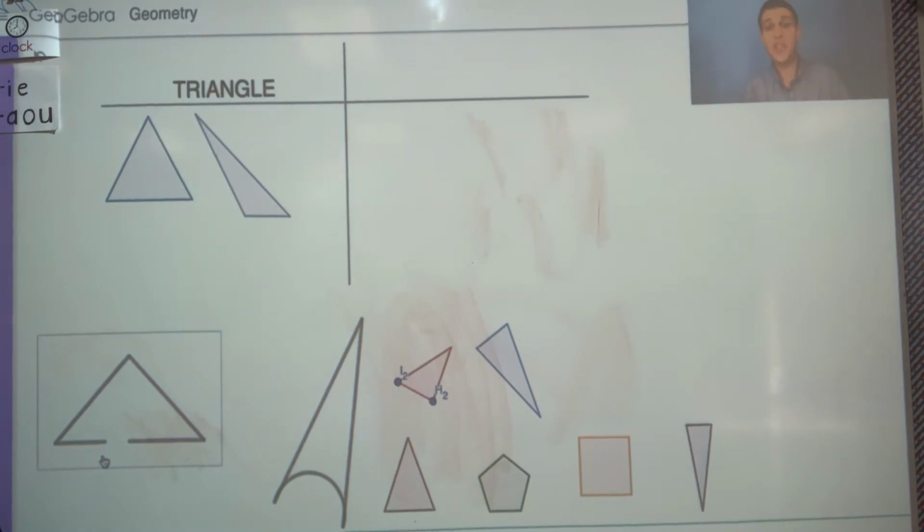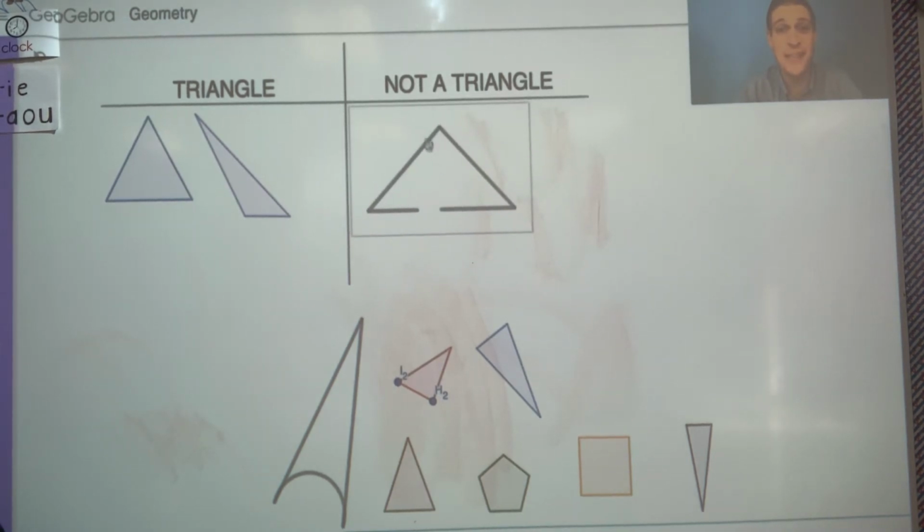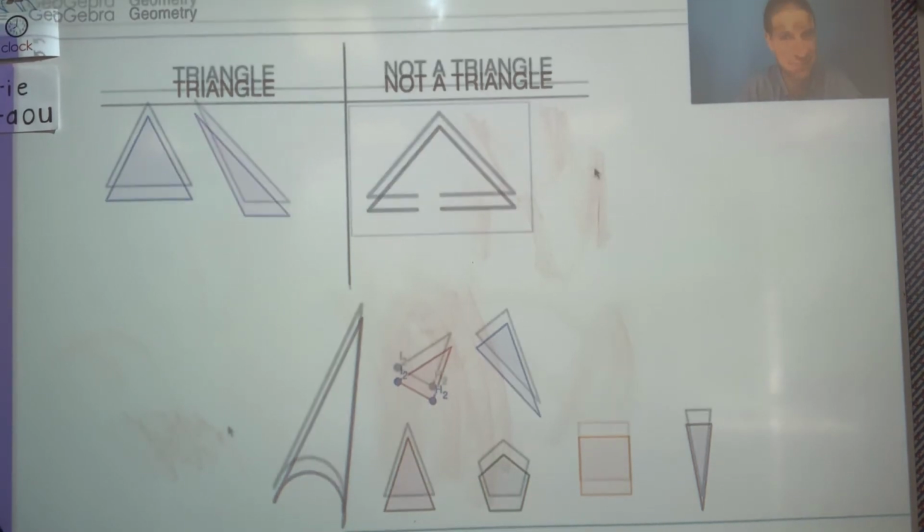Oh, it could. So this shape is open. It's not closed. So this is not a triangle. Triangles need to be closed. So this shape is not a triangle. We'll put it under the label that says not a triangle. Triangles have 3 straight sides, 3 corners, and they are closed.